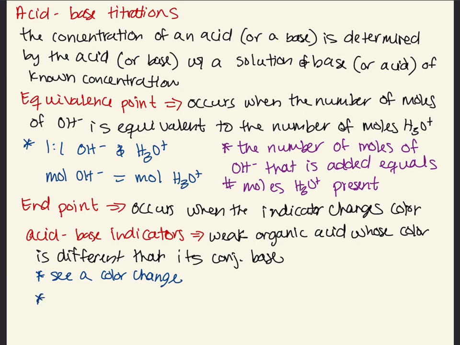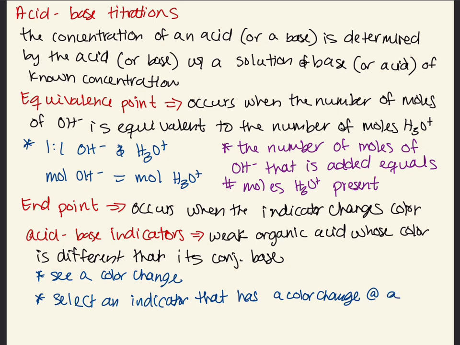Now, when you are choosing the indicator, you need to select an indicator that has a color change at a pH that is close to the pH at the equivalence point of your titration.